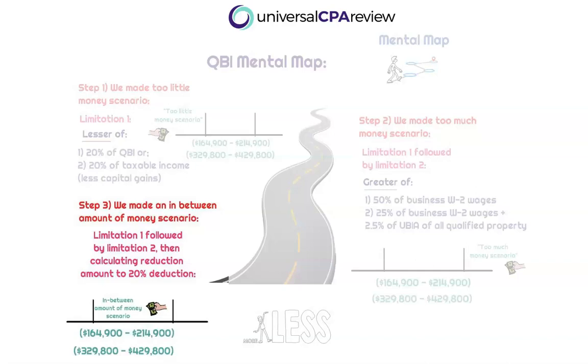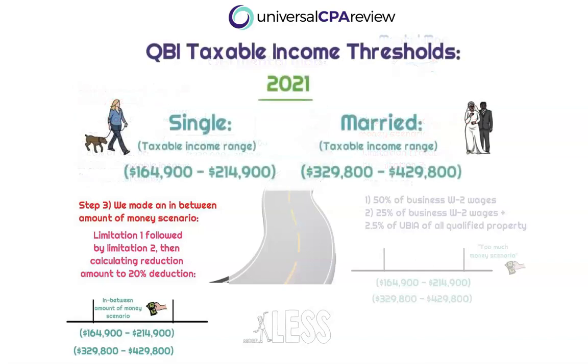Okay, so this is a scenario where the taxpayer didn't make too much money, they didn't make too little money, they made an in-between amount. Their taxable income falls between these two ranges if they are single, or this range if they are married. As we remember, after step 1, if they exceed this lower limit, that deduction would be limited even further.